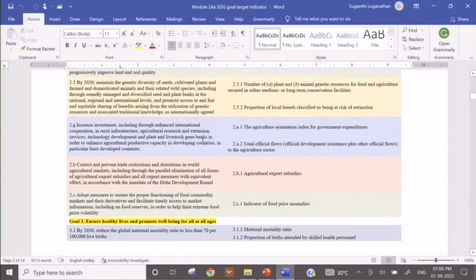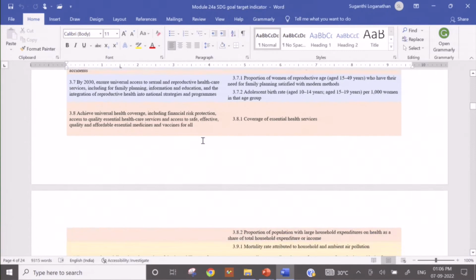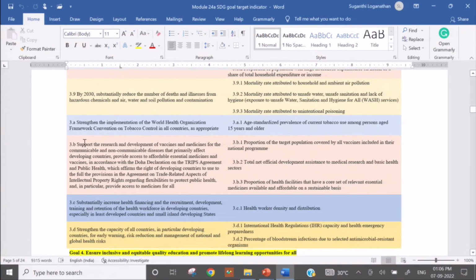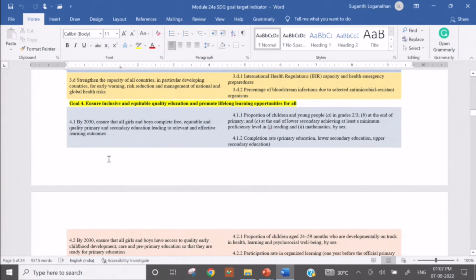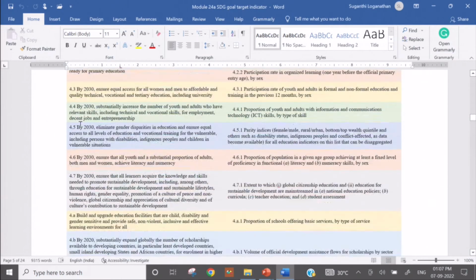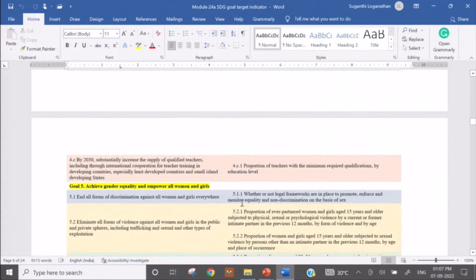Similarly, for goal 3, we have 9 targets and measures 3A, 3B, 3C, 3D. So, 4 measures to achieve, and all the indicators are given on the right hand side. For goal 4, similarly, we have all the targets, the measures to achieve and the indicators.